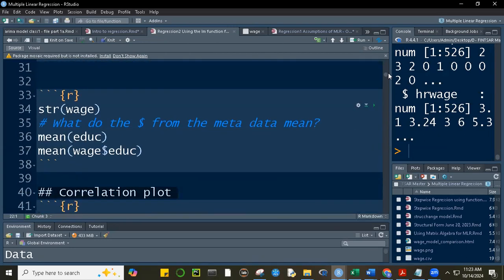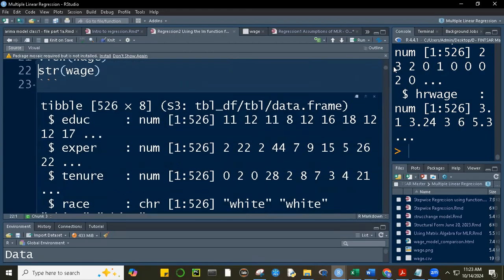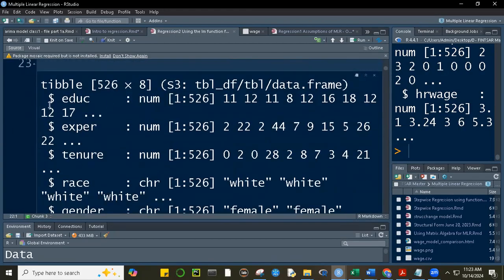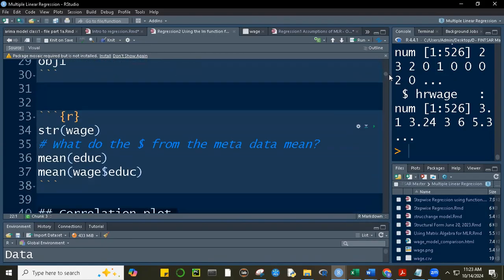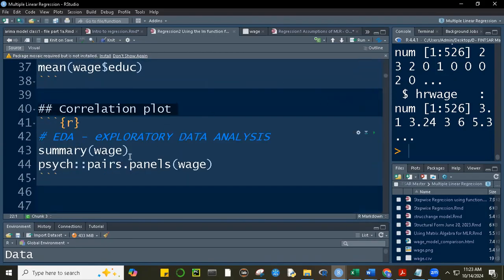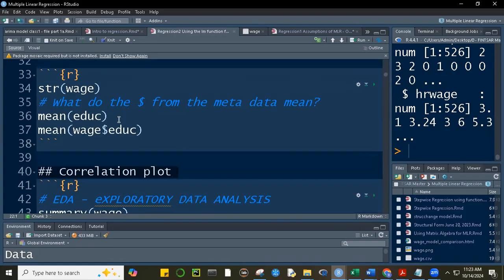Okay, so once again, class, by way of review, this one, wage dollar education, means that you can only access this through the data set wage. And if we get, for example, the mean of education, we won't be able to get it.